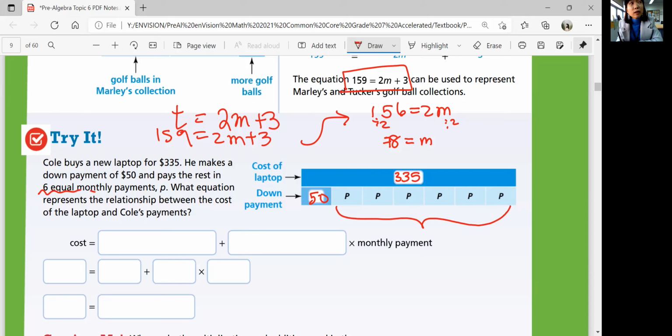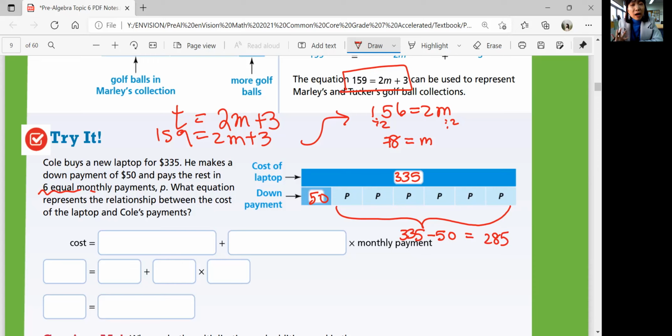So what is the total of 6P? It's the cost of the laptop minus 50, which is your remaining balance that you still need to pay. You only paid $50, so that's going to be $285 remaining, and then you divide it by 6 to get P. But we're not solving for P right now, not just yet.